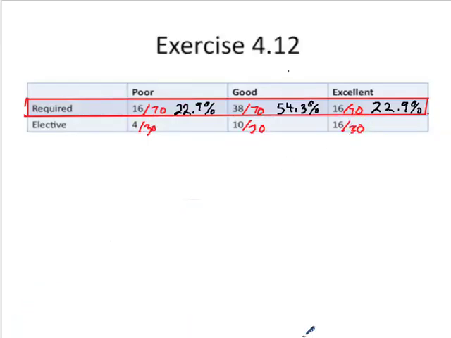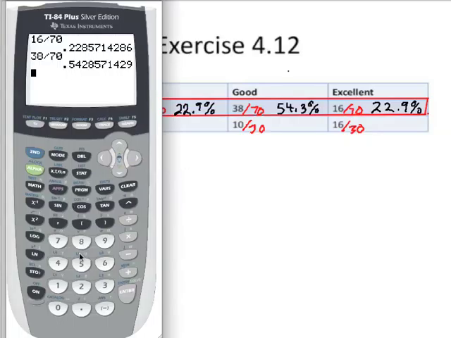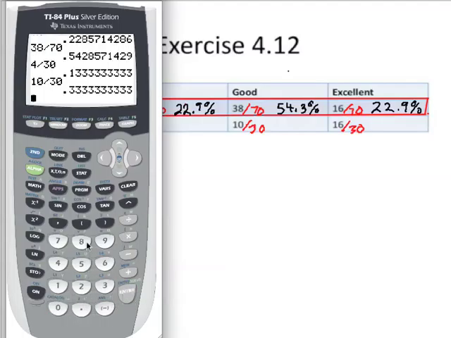If you go ahead and do those in your calculator again, to turn them into percentages, you've got 4 divided by 30, which gets us 13.3%, okay? And then the 10 30ths, hopefully you can see that's going to be 33%, but we'll do it anyway. And then we've got 16 30ths, which gets us 53%, okay?